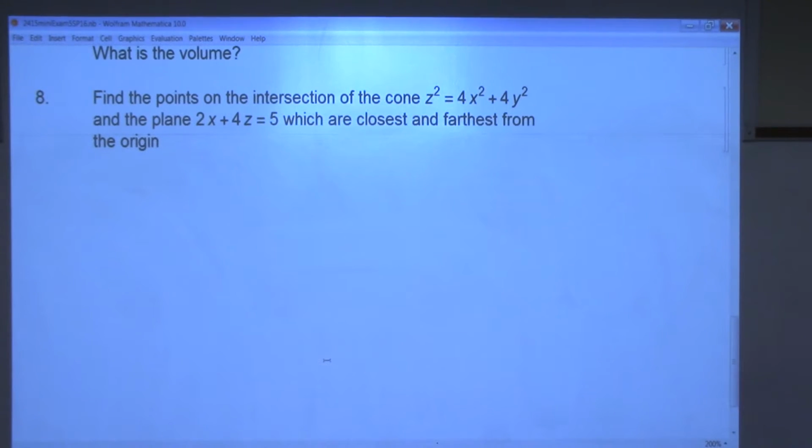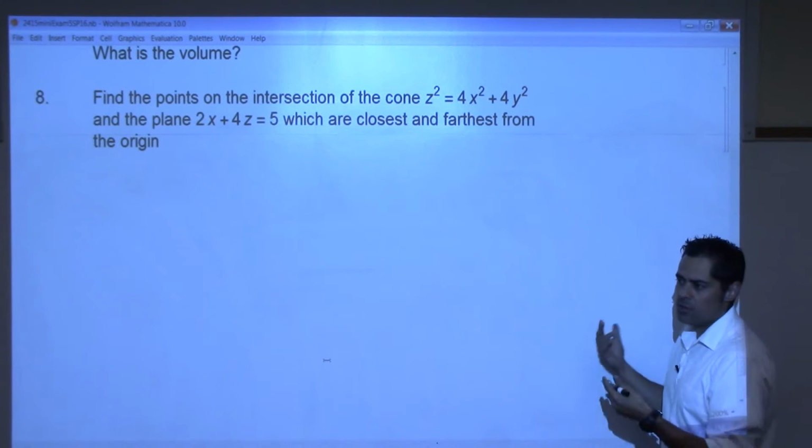I'm going to talk briefly about this because we really don't have a lot of time for this. If you would have asked me how to do this problem a day or two ahead of time, I would have reminded you that you're trying to find, I would assume that you could at least get the objective function and the constraint.